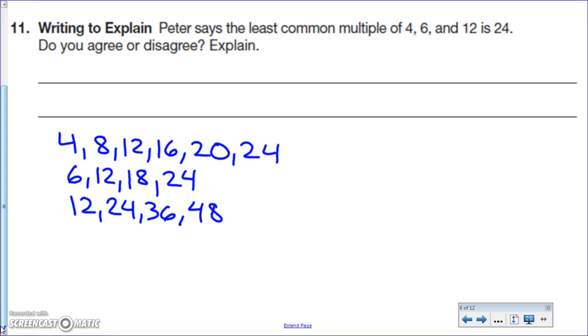Now, we're going to circle any numbers that show up on all three lists. So we can say Peter is wrong. We're going to disagree because the least common multiple is actually 12. 24 is a multiple, but it's not the least common multiple.